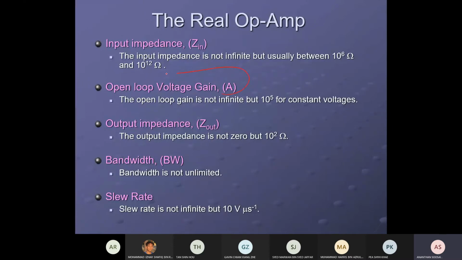The real op amp has a gain of 10 to the power of 5. By how many times? 100,000 times. A real op amp can reach amplification of 100,000 times. That means if you give an input of 1 volt, the output will be 100,000 times. That means if the opera singer sings any song, the sound can be amplified 100,000 times. The real op amp. So remember this figure.